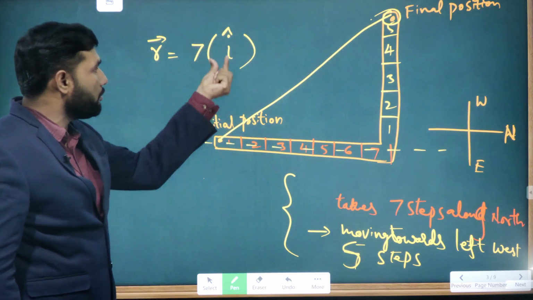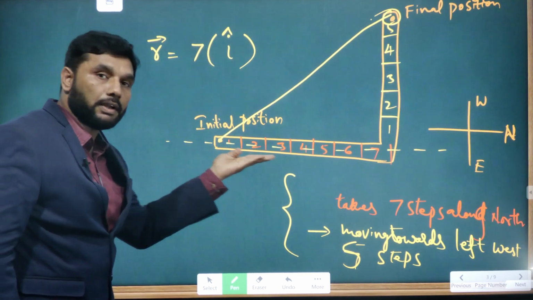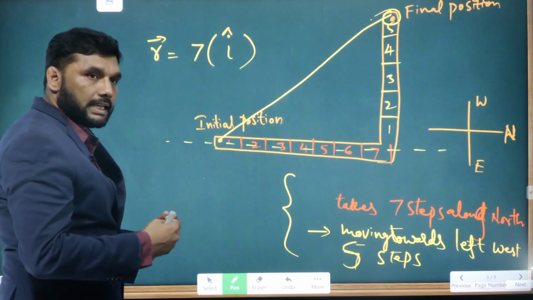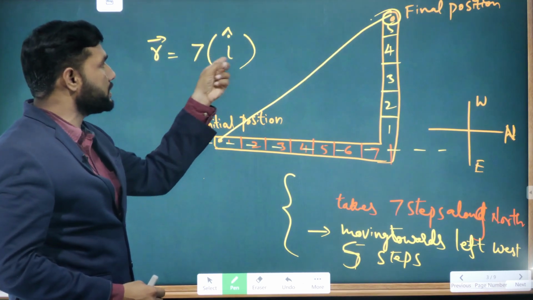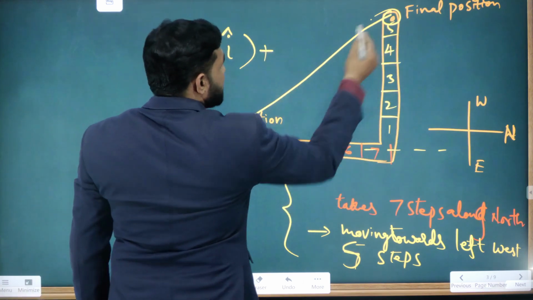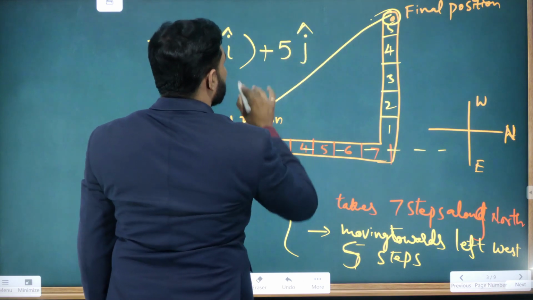To represent each step's dimension and direction, I write 7 i cap, where i cap is the unit vector along the x-axis, plus the number of steps he has taken along the y-axis, which is 5 steps.